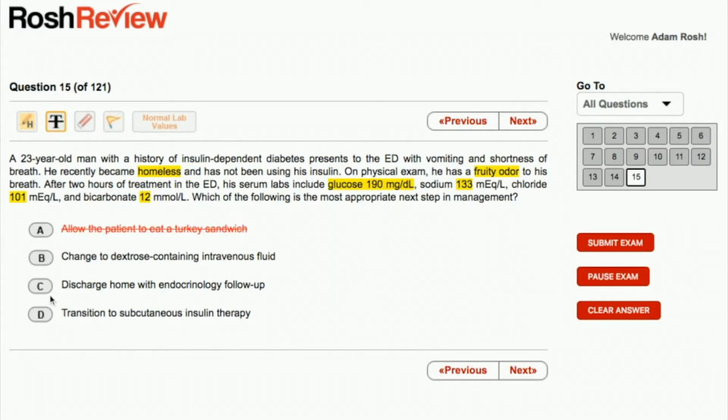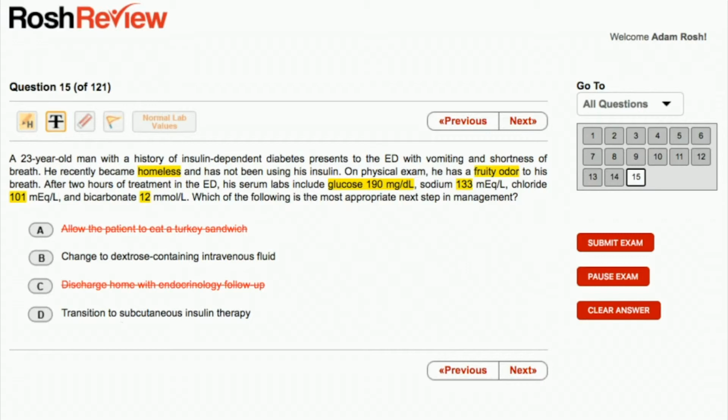And now let's go to answer choice C, discharge home with endocrinology follow-up. Well, he definitely needs endocrinology follow-up, but it's not going to be the next step in management. It will be a step down the line. So let's cross that off. Let's look at transition to subcutaneous insulin therapy. This is also attractive because his glucose is dropping here.